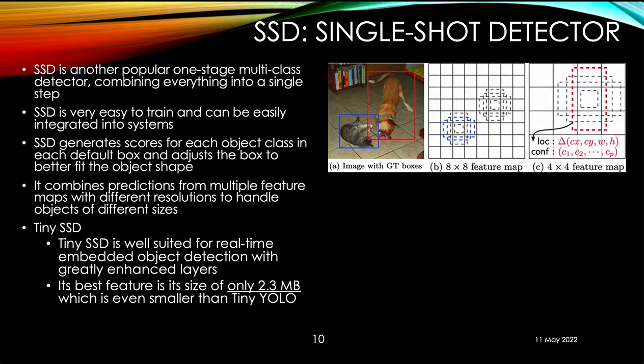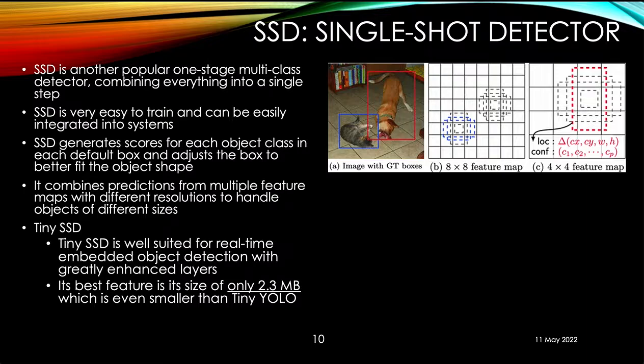SSD, single shot detector, is another popular one-stage multi-class detector that combines everything into one single step. It is actually very easy to train and also very easy to integrate into solutions. It combines the predictions from multiple feature maps with different resolutions to handle objects of various sizes.